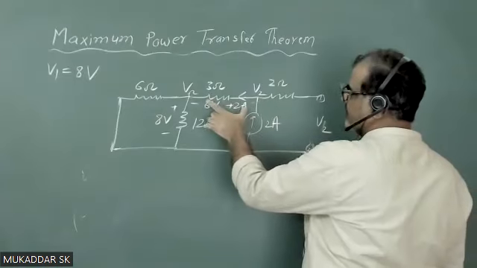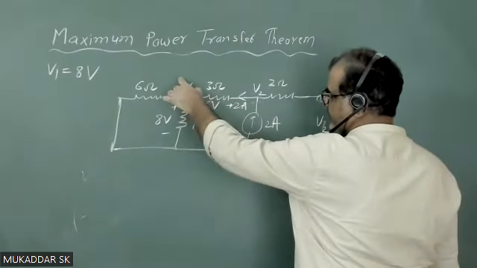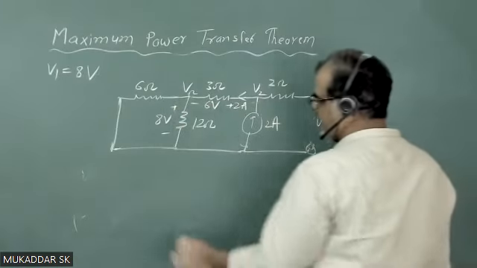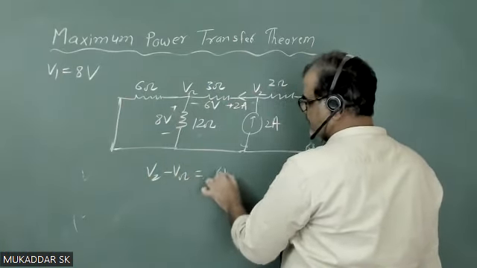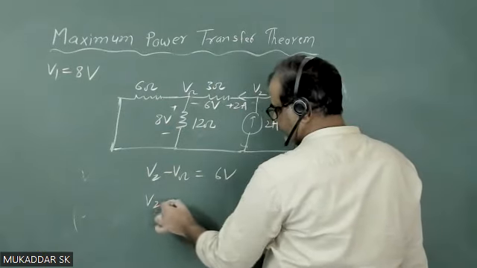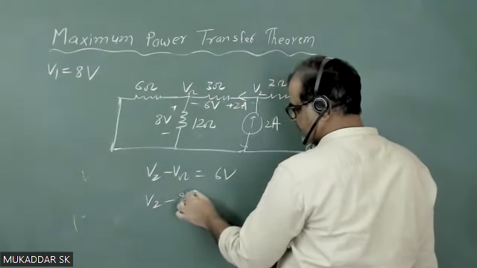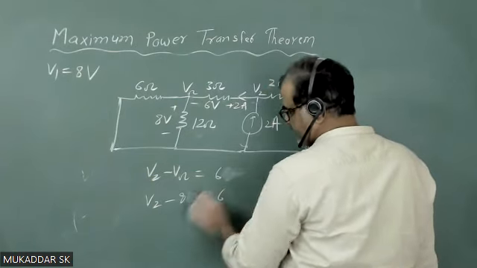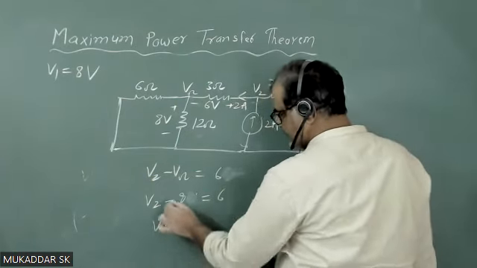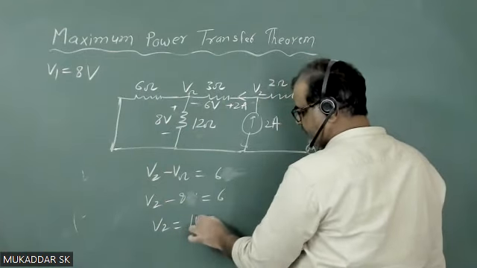Whatever voltage is here, the drop will be this one. So I can write V2 minus 8 volts equals 6 volts, and this gives me V2 equals 8 plus 6, 14 volts.